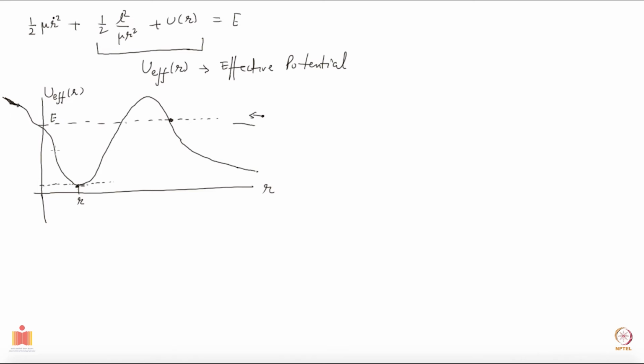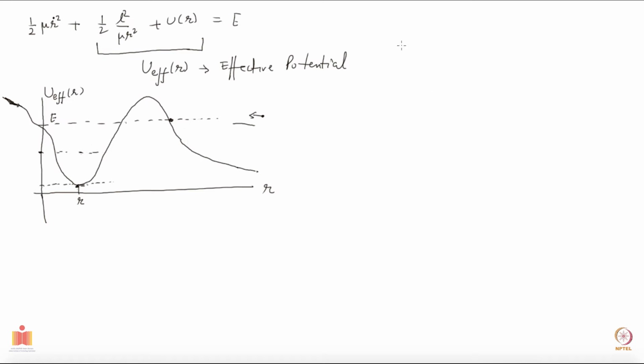If the energy of the system is somewhere here, you know what will happen: it will keep oscillating back and forth in here, and this oscillation is in r. But while r is shuttling back and forth in this region, theta is still changing. So your particle is moving in the plane with theta changing, and the radius is also changing with time. This is another possibility.